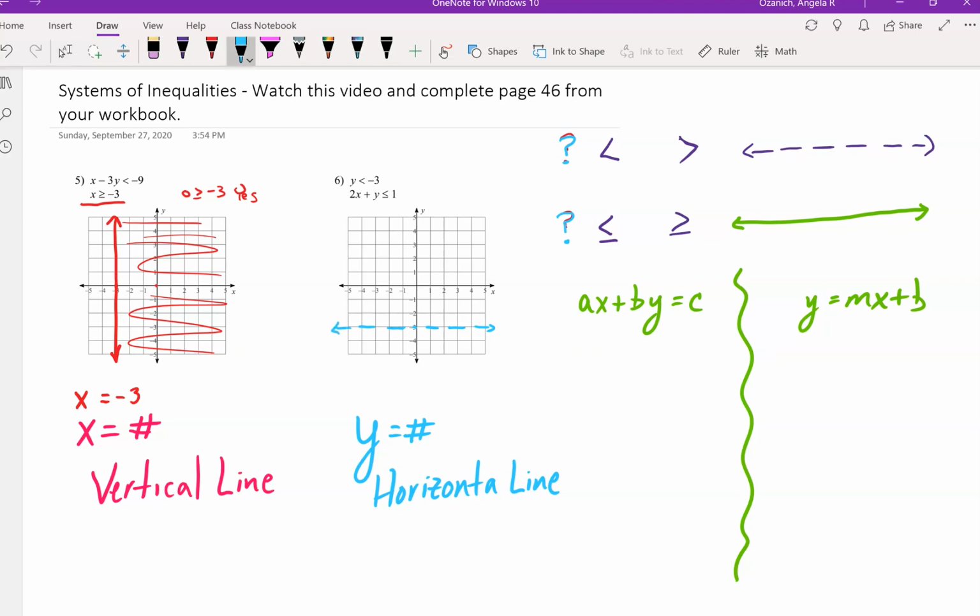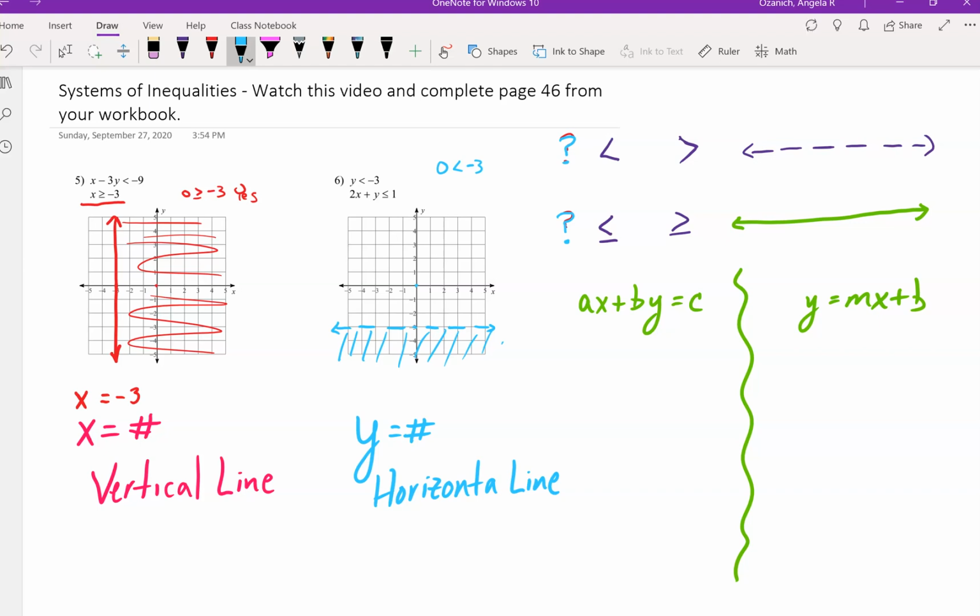We want values that are less than -3. If we try 0, 0 is not less than -3, so we want to shade on the other side of our coordinate plane from where 0 is. And of course, all of these numbers, -4, -5, and on down to negative infinity, are less than -3. So it should make sense to shade below.